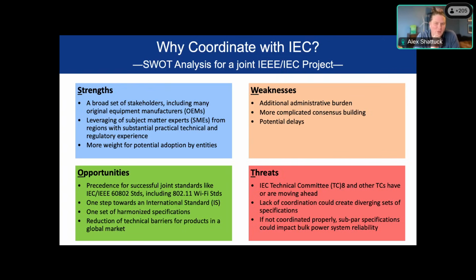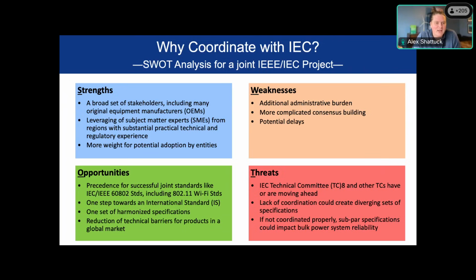So strengths here, why coordinate with IEC? Just a reminder, just like IEEE standards, IEC standards are voluntary only. So keep that in mind as we go through the rest of this. The big strength is the broad set of stakeholders, including many original equipment manufacturers. On the IEEE side, we have a lot of industry folks, people in the weeds doing the work all of the time, as well as many equipment manufacturers.